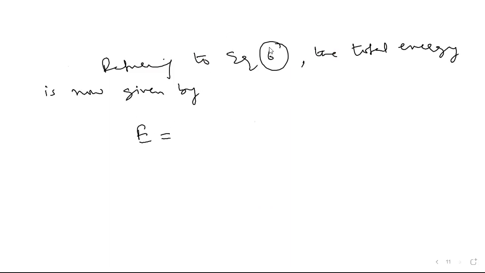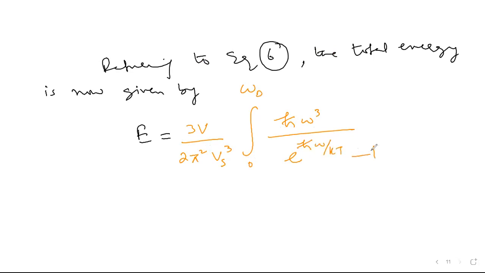The total energy is now given by, I will use some other color, 3V by 2π² vs³ times the integral from 0 to ω_D of ħω³ over e raised to the power ħω by kT minus 1 dω.